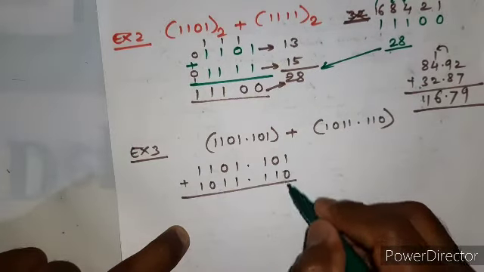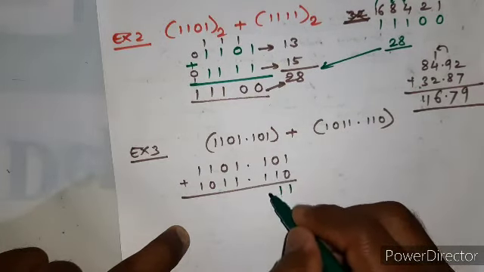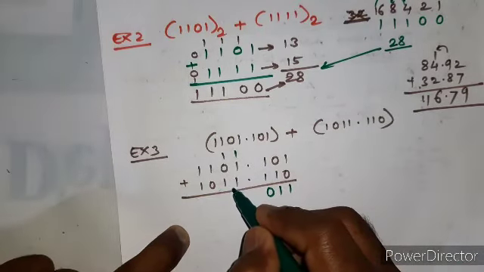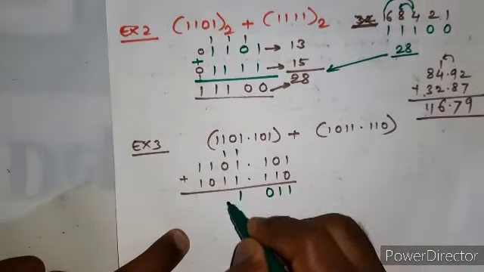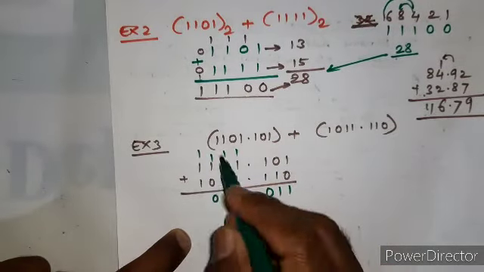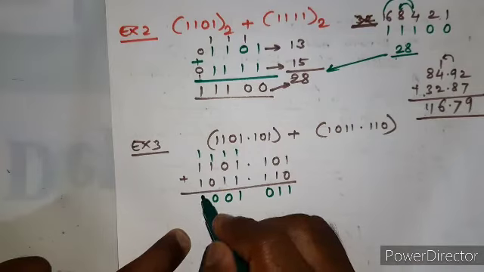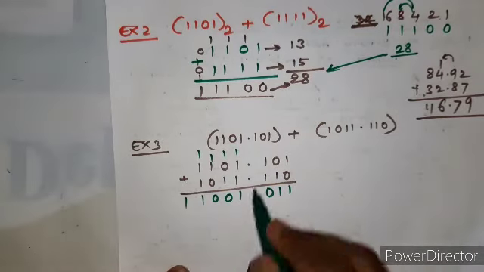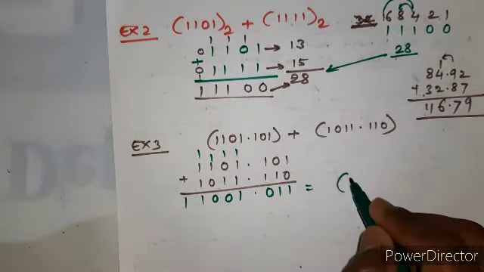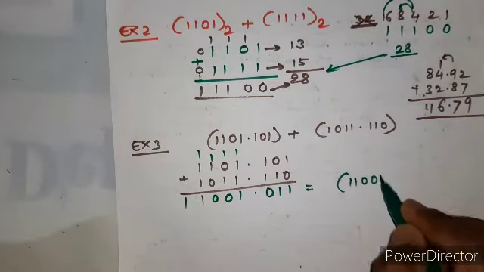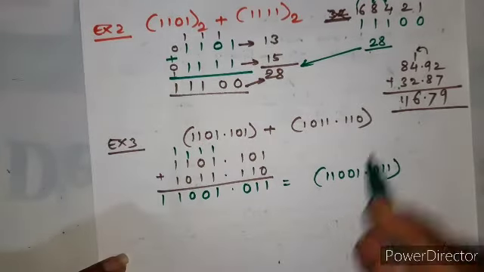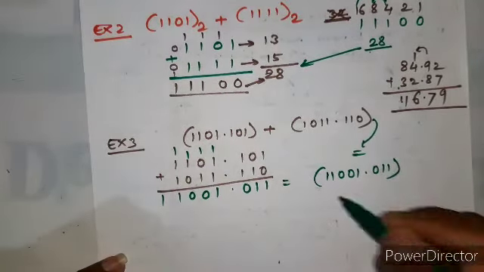So 1 plus 0 is 1, this is 1, 1 plus 1 is 0, carry 1, triple 1 is 1, carry 1, right? Then 1 plus 1 is 0, carry 1, 1 plus 1 is 0, carry 1, triple 1 is 1 and carry 1, this point here. So the final answer for this is 11001.011. The addition of these two is equal to this one.